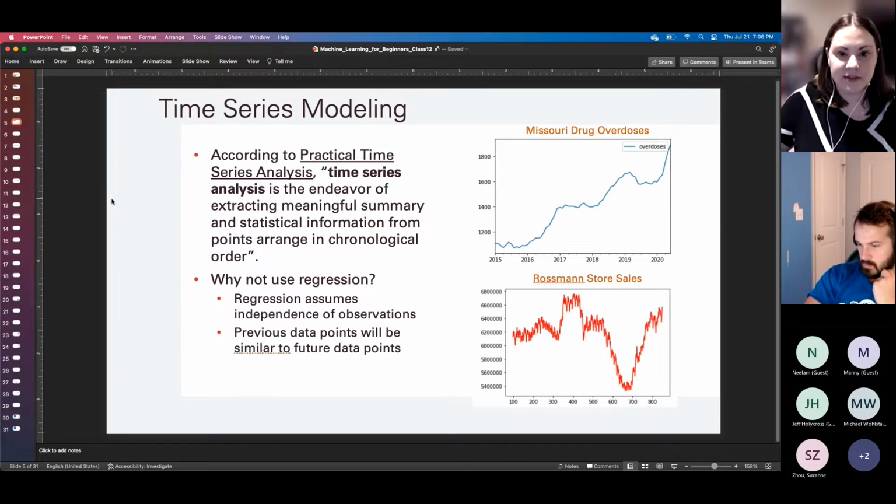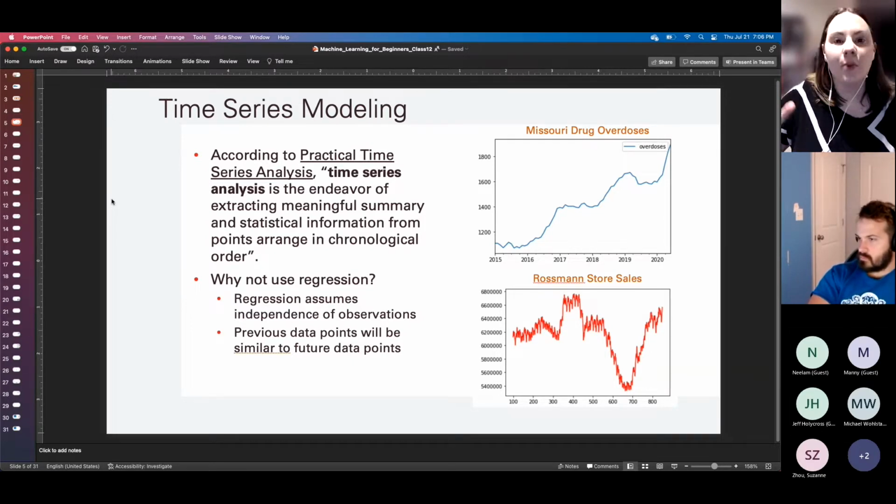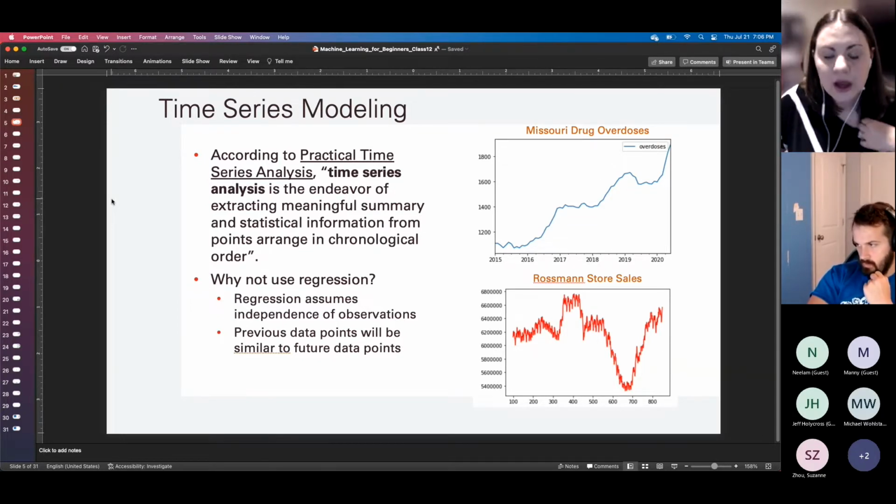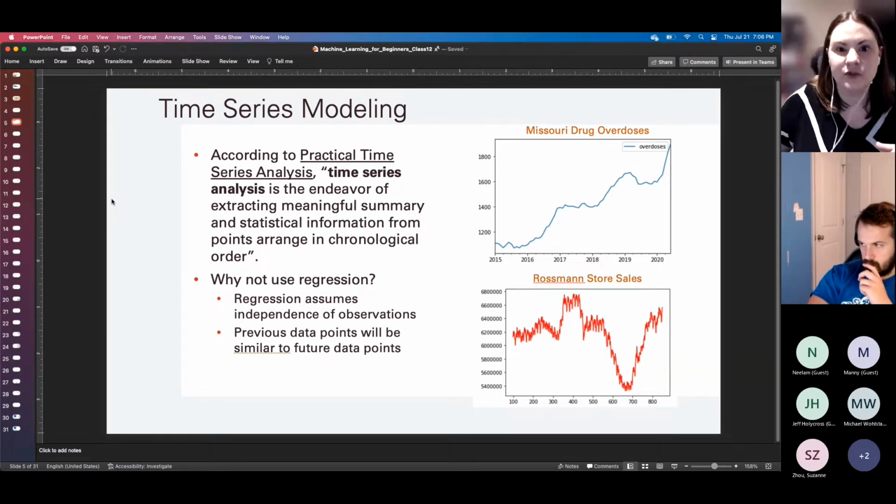In the case of time series, probably today is pretty similar to yesterday, which was similar to the day before. Whereas if you go out a year, they might not be as similar to one another. But we can't use linear regression because it does assume that all of our data points are independent of one another. So that's why we cannot use linear regression.